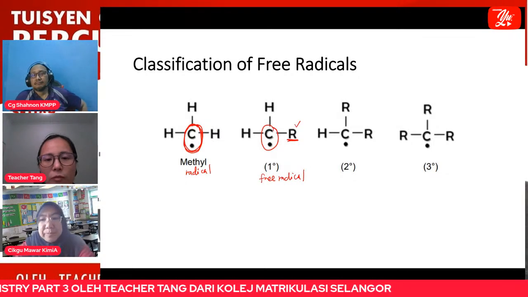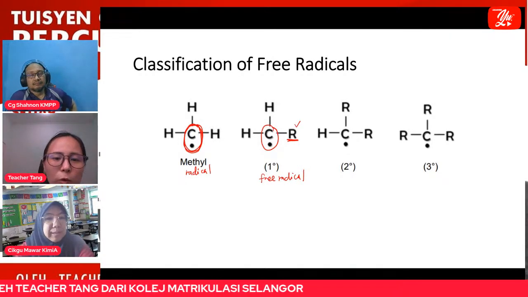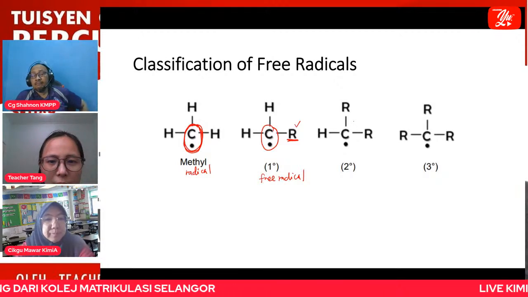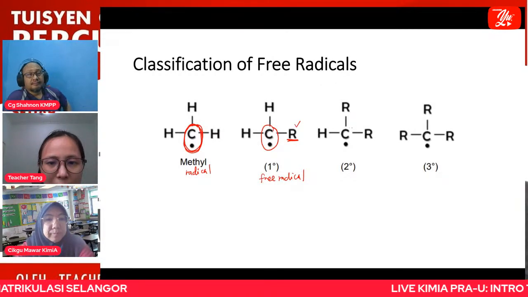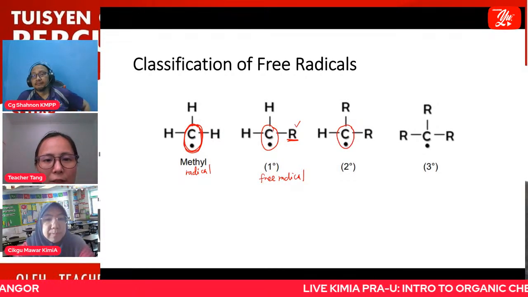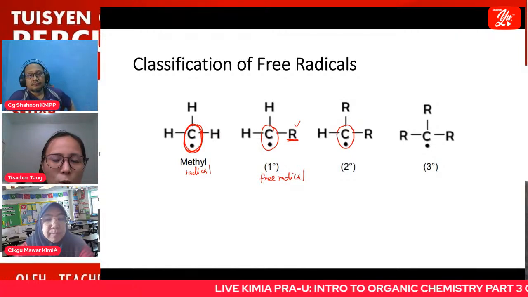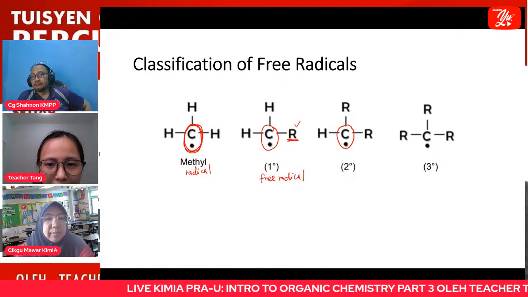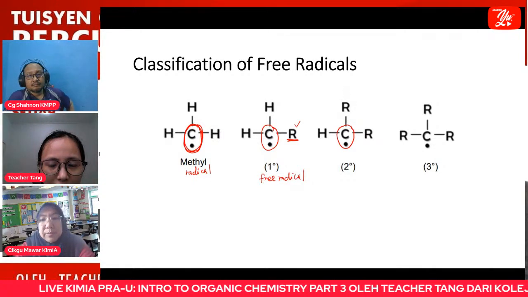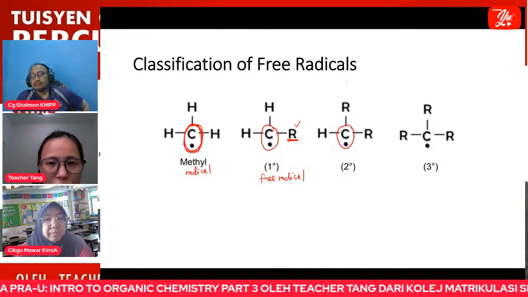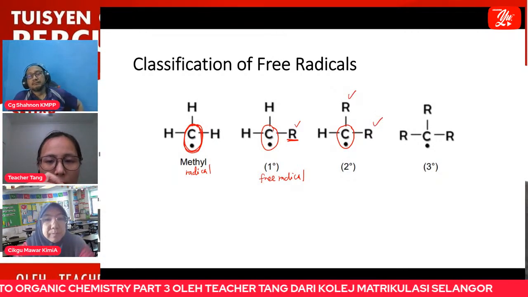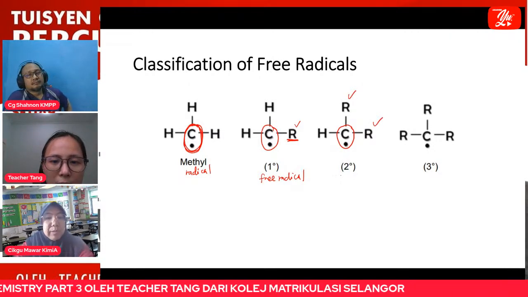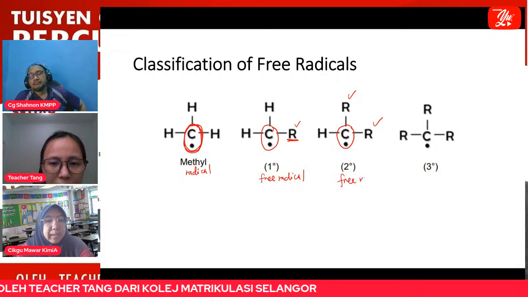Then we move on to the third species. Circle the reference carbon first, and then look at the alkyl groups. This reference carbon with the unpaired electron is attached to two alkyl groups. Therefore, this is a secondary free radical.